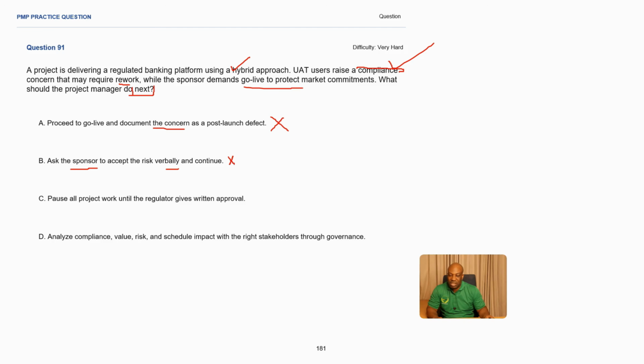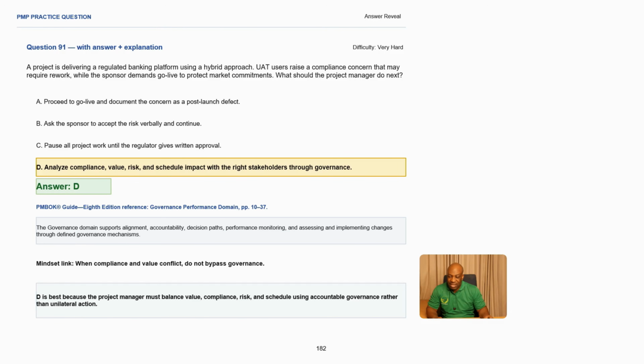So this is not the answer. C, pause all project work until the regulator gives written approval. You don't stop the project. You need to continue with the project and solve problems as they come, making this an incorrect answer. D, analyze compliance, value, risk, and schedule impact with the right stakeholders through governance. This is the best answer in this scenario.